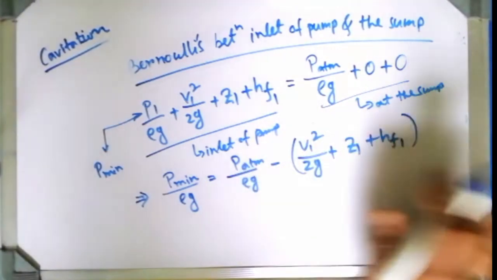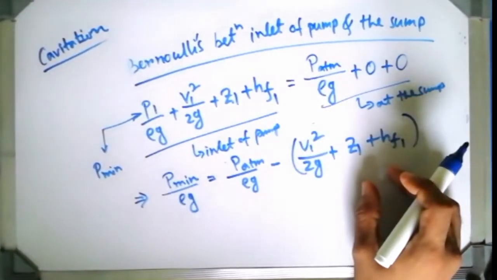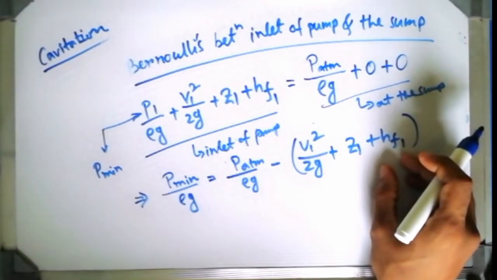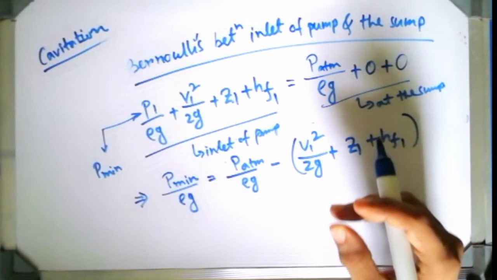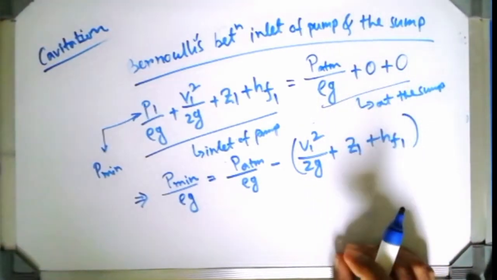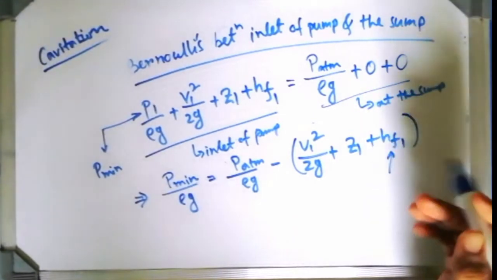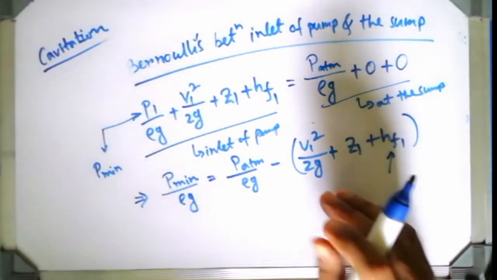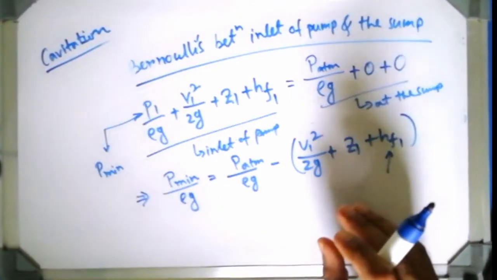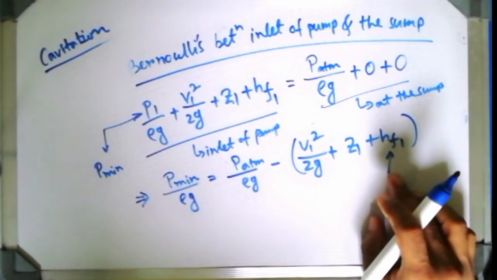Now see this expression. What can we see if the HF value goes higher than the pressure available at the impeller inlet side? That means if the head loss due to friction goes to a very high value, how can it become higher?